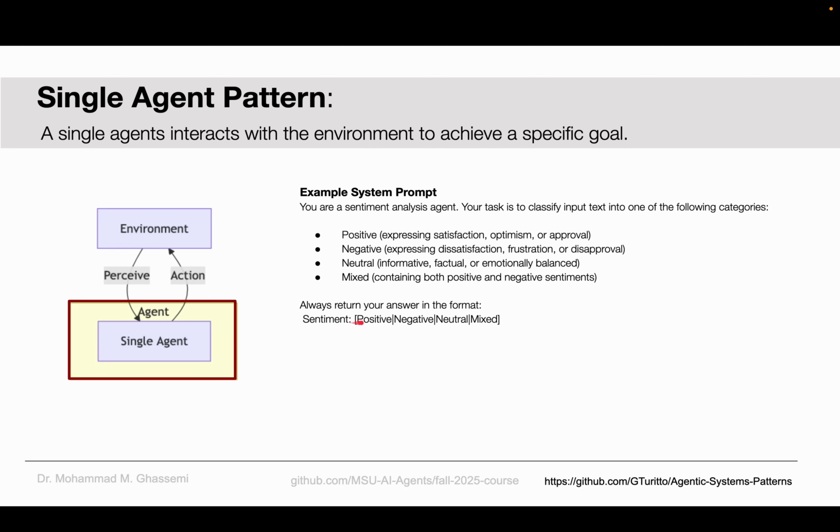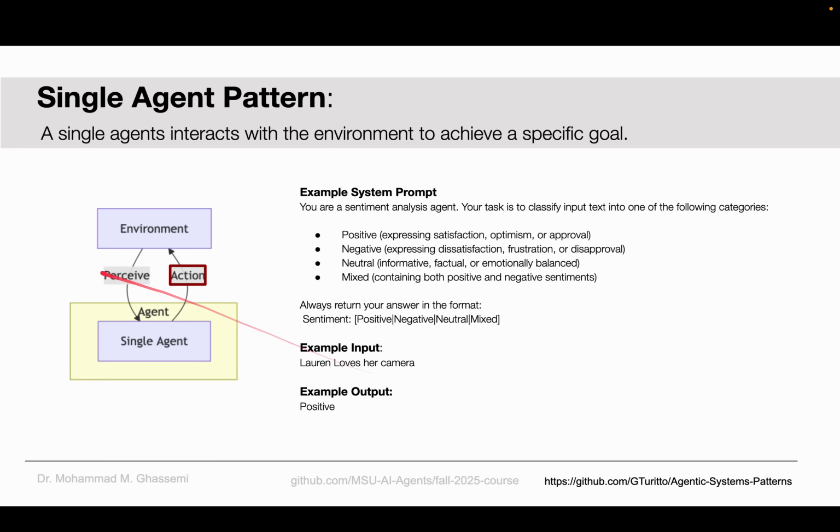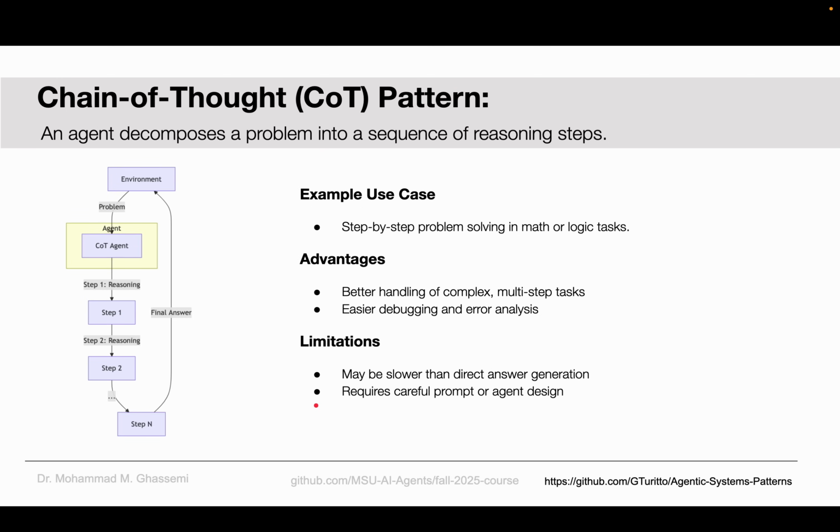Sentiment followed by colon and one of the four options we have up here. So when a user provides an input, the perceptual mechanism captures this input. Lauren loves her camera. And the agent uses the system prompt plus the input to generate an output, positive. Super simple. It's what you're used to.